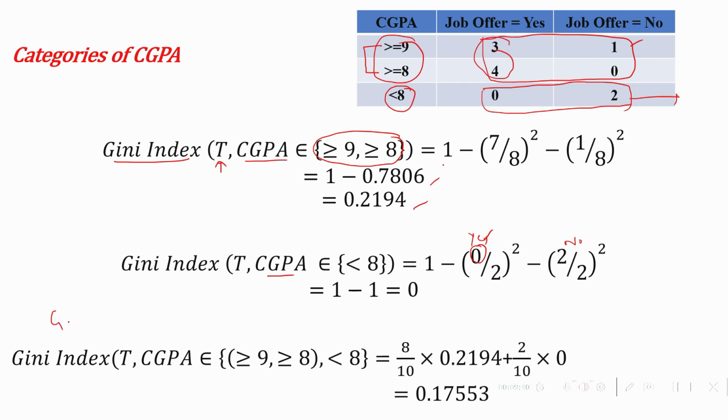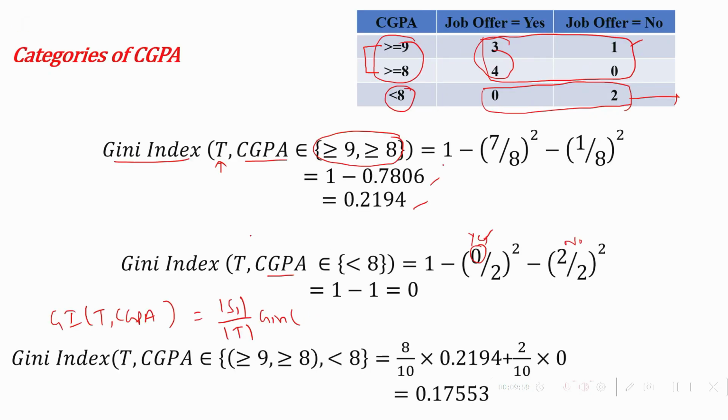Gini index of target variable with respect to CGPA equal to, that means |S1|/|T| into Gini of S1 plus |S2|/|T| into Gini of S2.